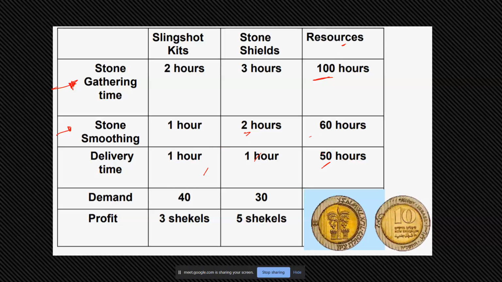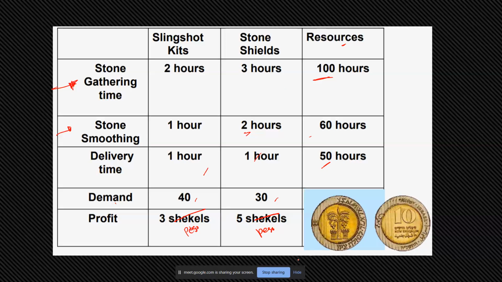Hanggang 50 hours lang dapat tayo magde-deliver. Ngayon, yung demand natin for slingshots, 40. Ang demand natin for stone shields, typically 30. Ngayon, palta natin to peso. Para lang mas simple. Okay, and then yung profit niya, 3 pesos, 5 pesos for kada isang stone shield. Malinaw to, yung table?